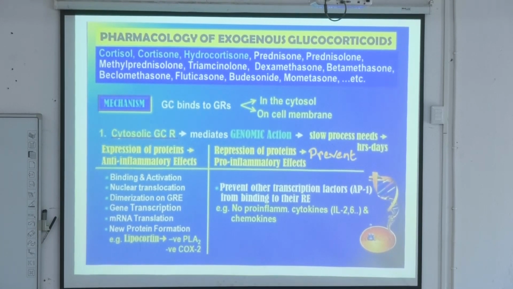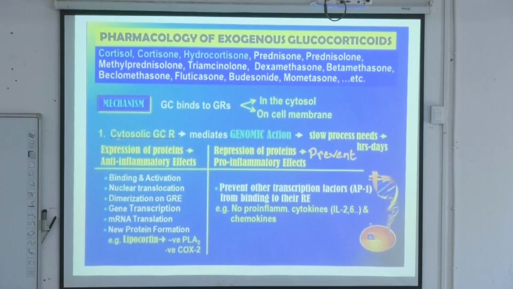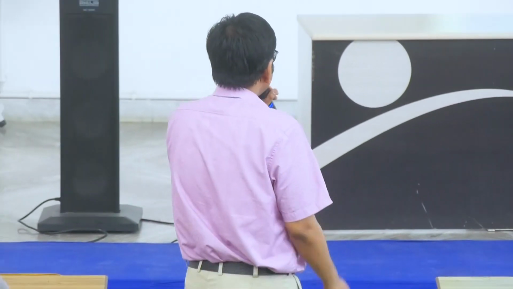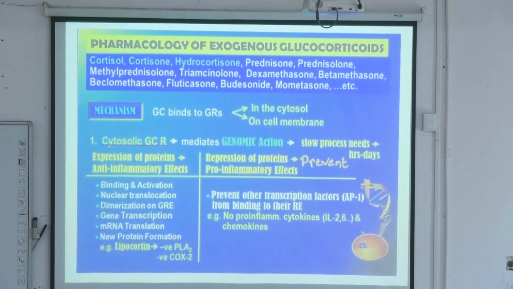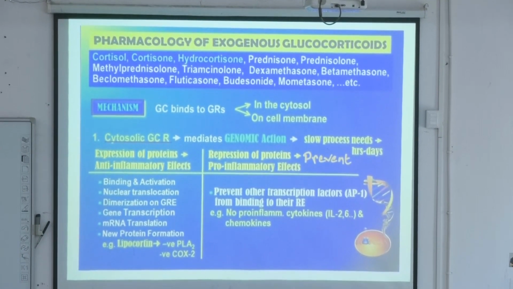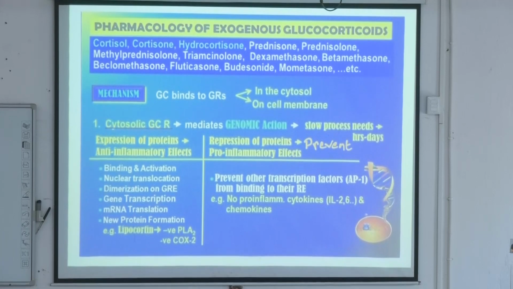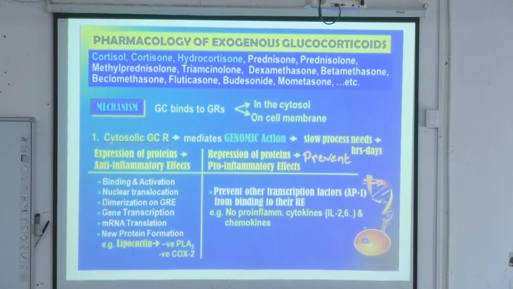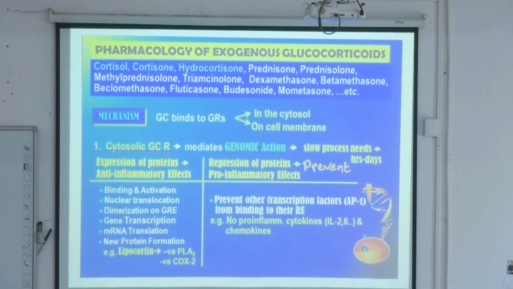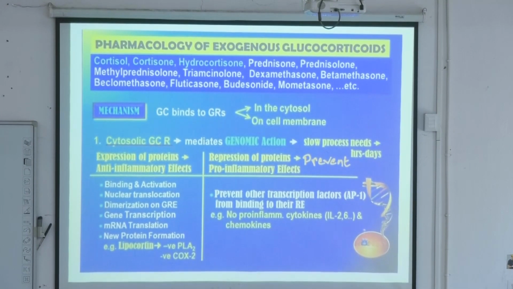Now what is important here to understand is how glucocorticoids act. The first important thing is that glucocorticoids suppress immunity and reduce inflammation. When you give them from outside, they act in two ways.